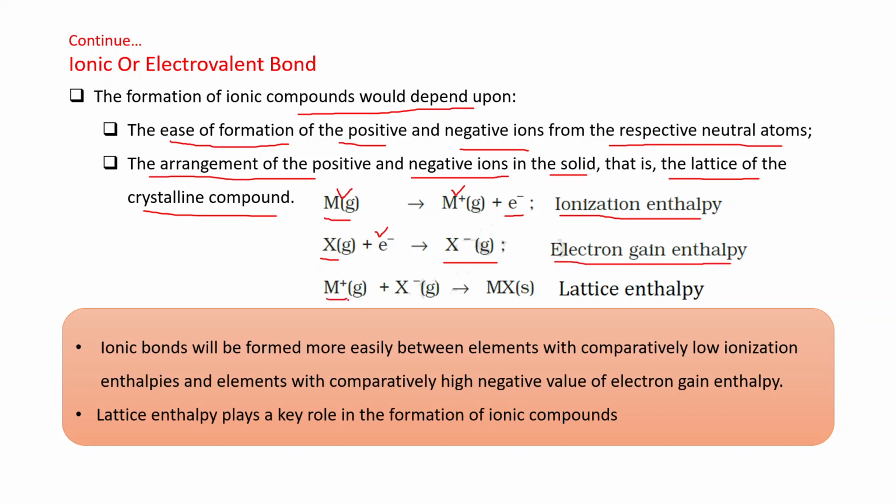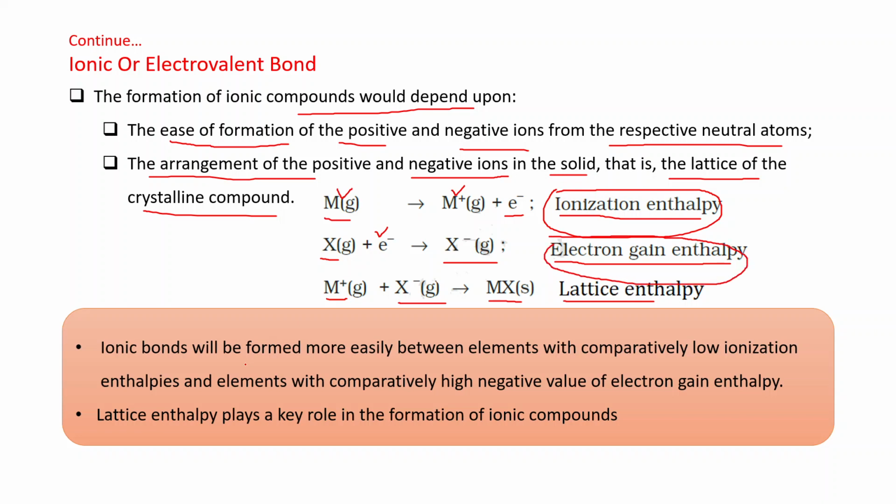The positive ion in the gaseous state and the negative ion in the gaseous state combine by the force of attraction and form this MX solid, and whatever change in heat takes place in this process is known as lattice enthalpy. We already discussed that metals have low ionization enthalpy and non-metals have high negative electron gain enthalpy.